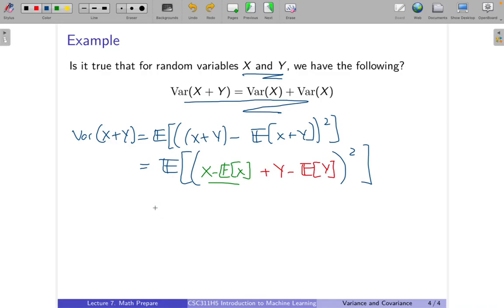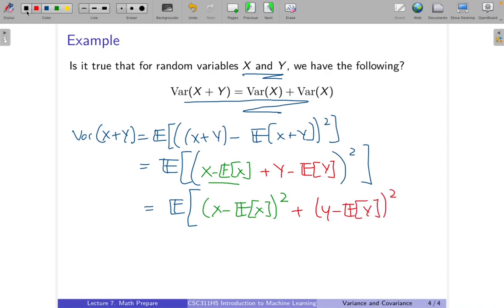So that's going to be the expected value of x minus expected value of x, squared. There's going to be the y minus the expected value of y, squared. And then I'm going to have some cross terms: 2 times x minus expected value of x, times y minus the expected value of y.